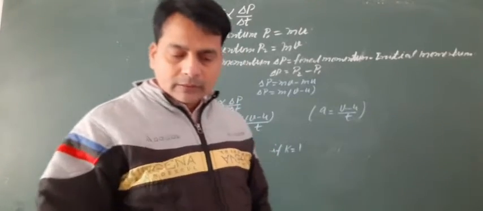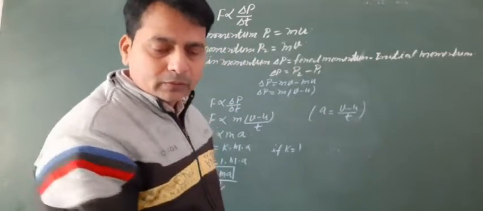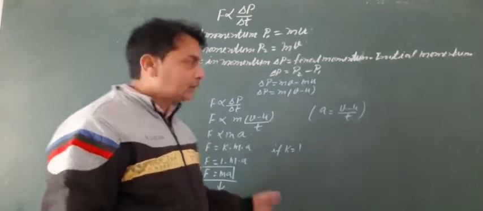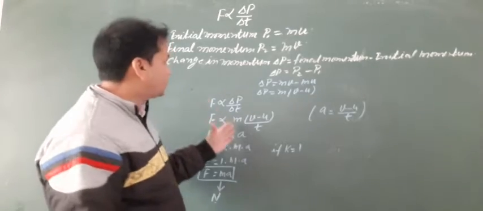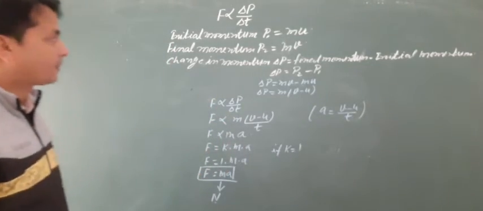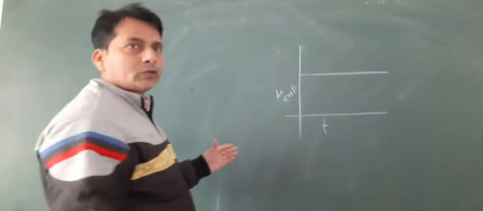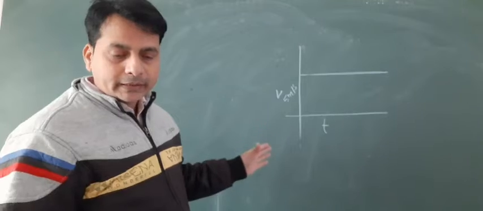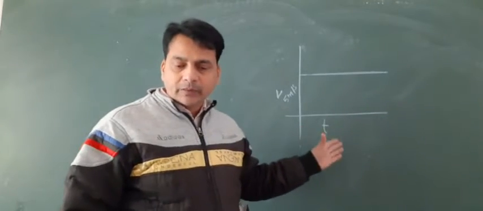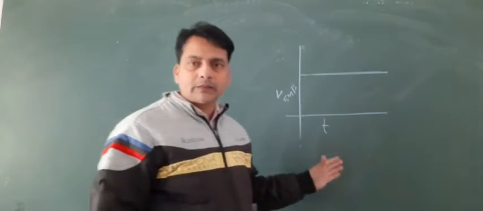Now some questions related to Newton's second law of motion. Here is the first question, based on Newton's second law of motion. The velocity time graph of a moving particle is given, and the mass of the object is 1 kg.